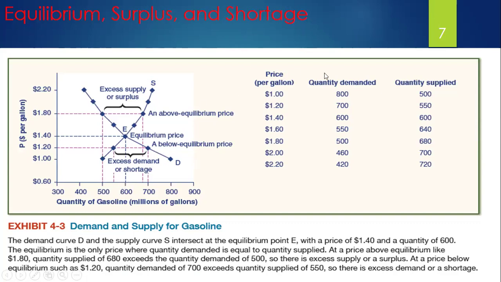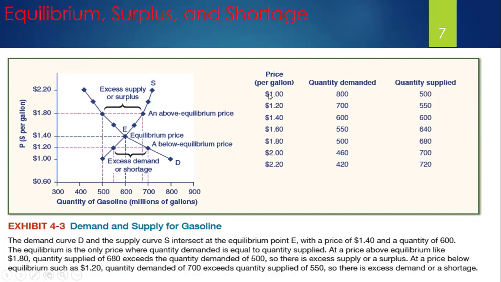So this table here is going to show us gas prices. We have prices ranging from $1 to $2.20: $1, $1.20, $1.40, $1.60, $1.80, $2, and $2.20. And those are the quantities as you see here. The demand is inverse.